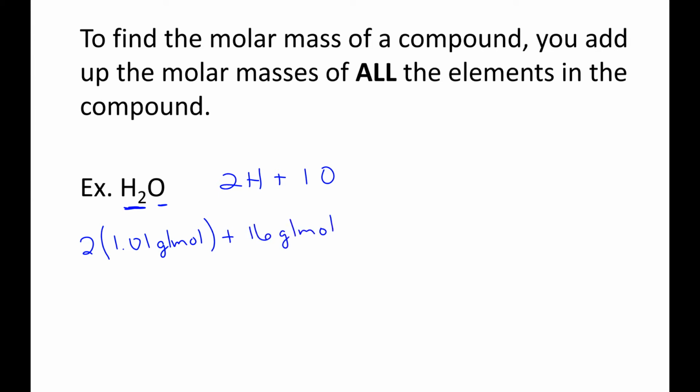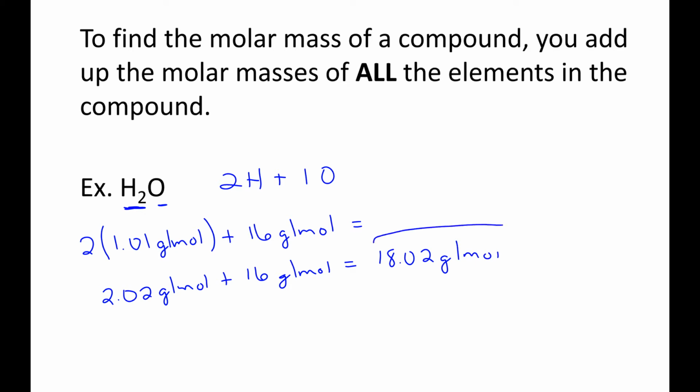Now, 2 times 1.01. If you don't have a calculator with parentheses, you have to do this next step, and that is 2.02 grams per mole plus 16 grams per mole. Now I can add them up on the calculator, and I get 18.02 grams per mole.